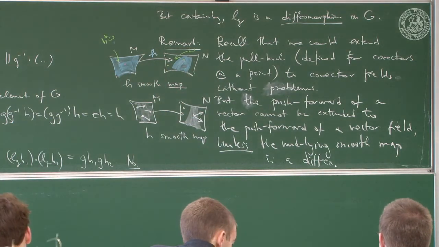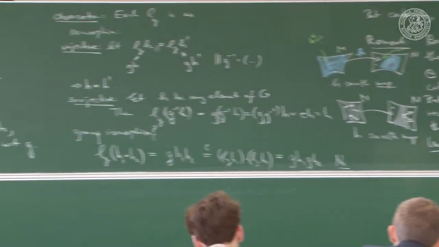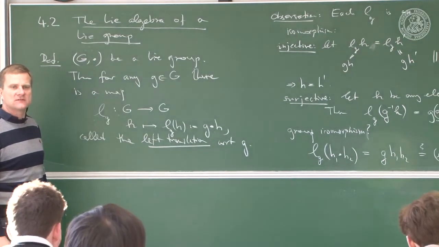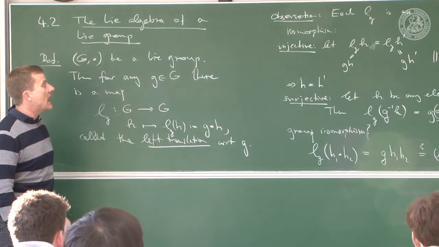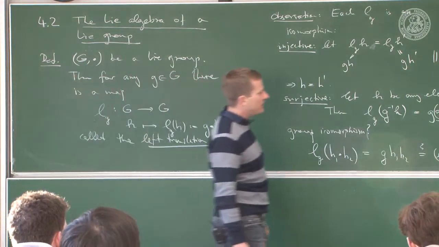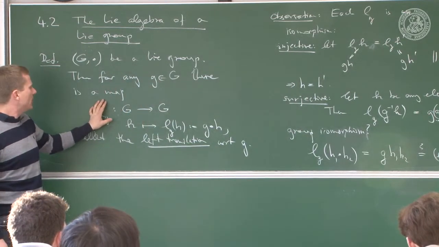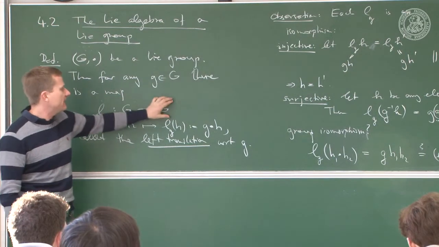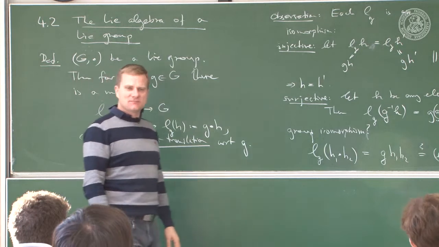So what have we found? We found that on our smooth manifold G underlying the Lie algebra, for any element g in G, I can construct a diffeomorphism that sends points of the manifold to the manifold. But because this is a diffeo, I can use the push forward of this map to map vector fields on the group to vector fields on the group manifold. Okay? So it's maybe a little abstract.